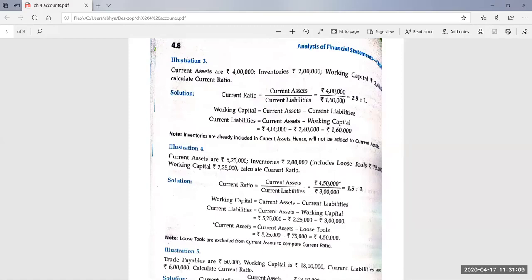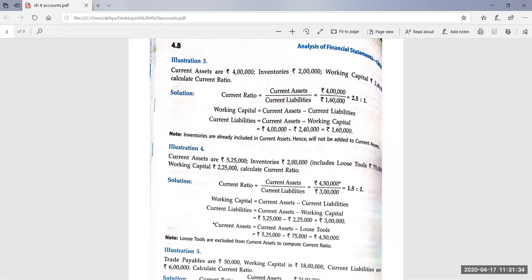Actually, the current assets are 5,25,000. You will not be deducting loose tools here. I think most of you have committed this mistake. So 5,25,000 minus 2,25,000, which is the working capital, so the current liabilities are 3 lakh.